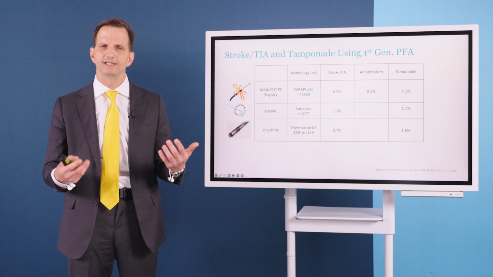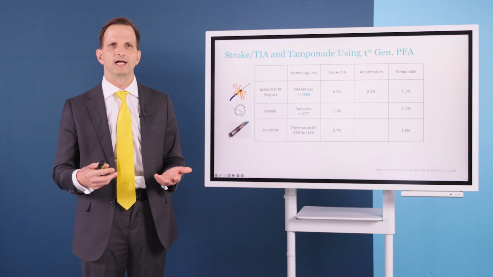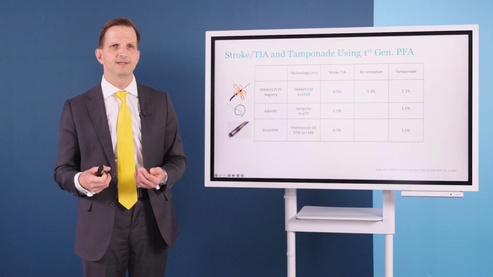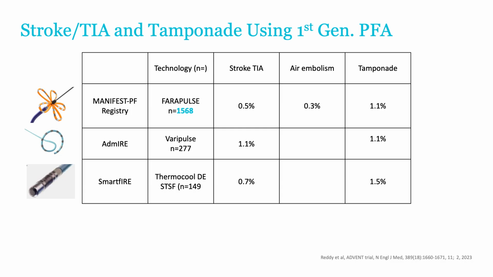Other important complications when we treat our patients are stroke and, of course, tamponade. The tamponade risk in early studies was about 1%, and with increasing experience it decreased with first generation PFA tools.